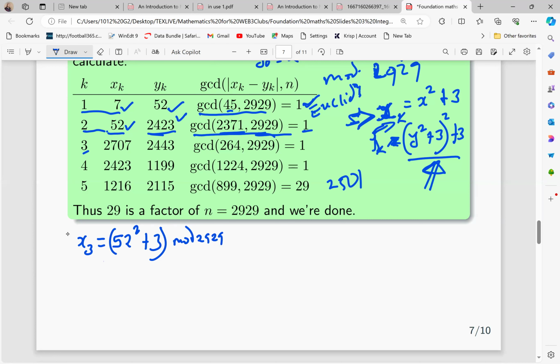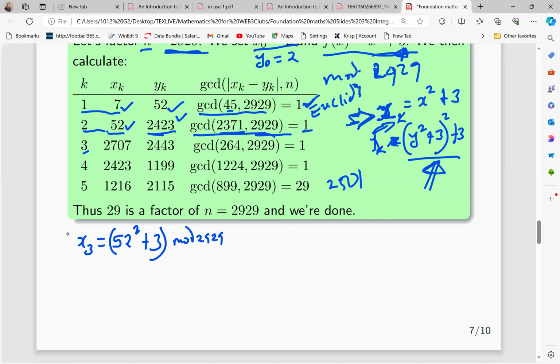On my calculator, what is 52 squared? Okay, 52 squared is 2704. Then add 3 to it. We get 2707, which is smaller than this, 2707.